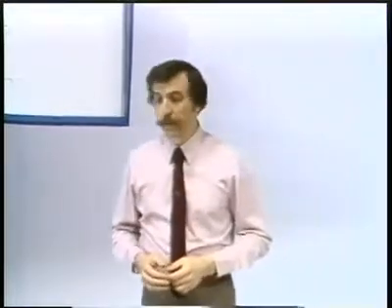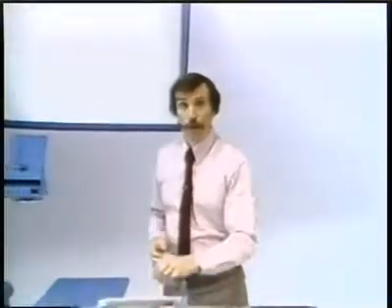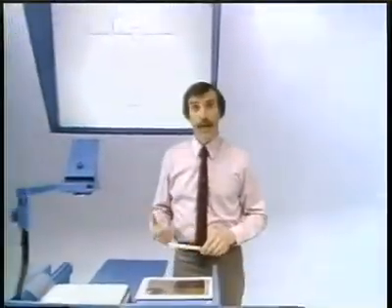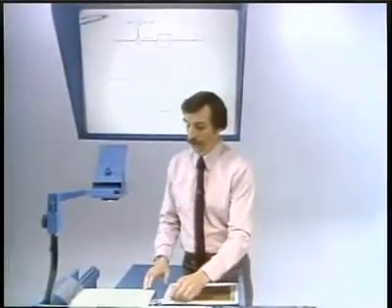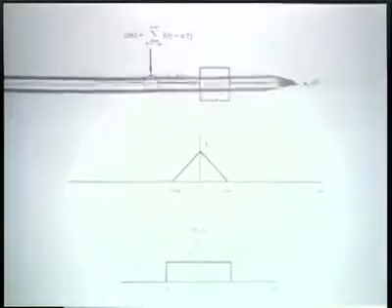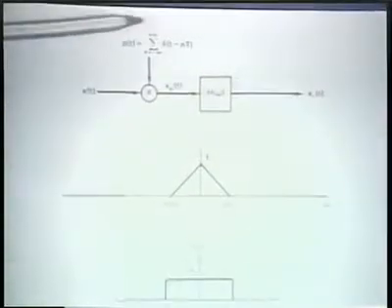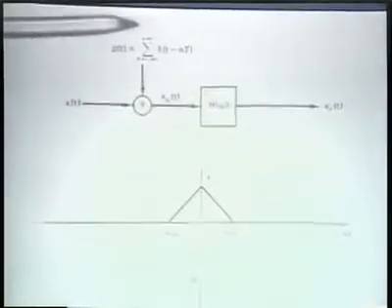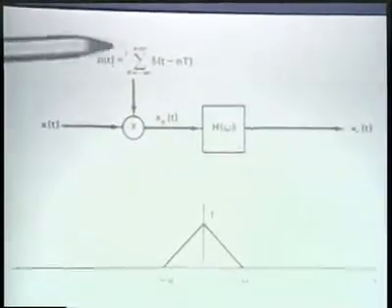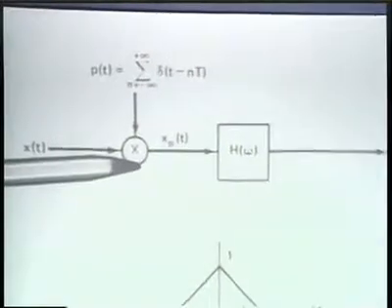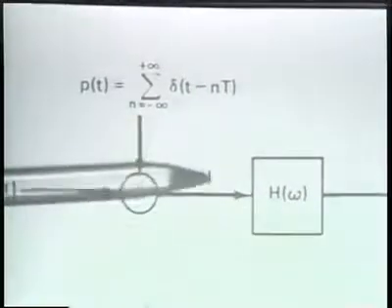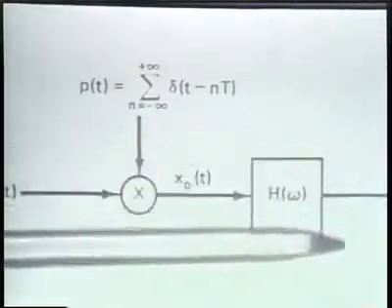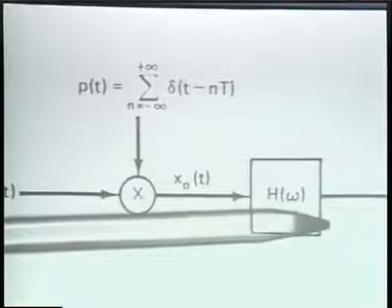To begin, let's again review what the overall system is for exact reconstruction, sampling and reconstruction. Let me remind you that the overall system for sampling and reconstruction is as I indicate here. The sampling process consists of multiplying by an impulse train, and then the reconstruction process corresponds to processing that impulse train with a low-pass filter.